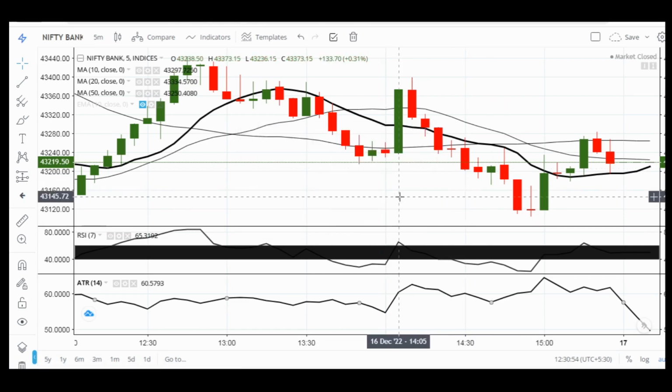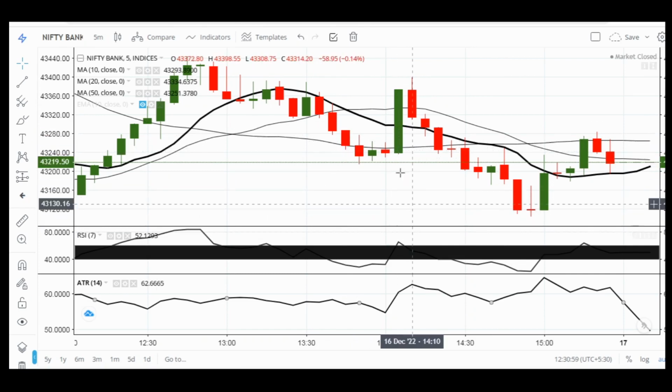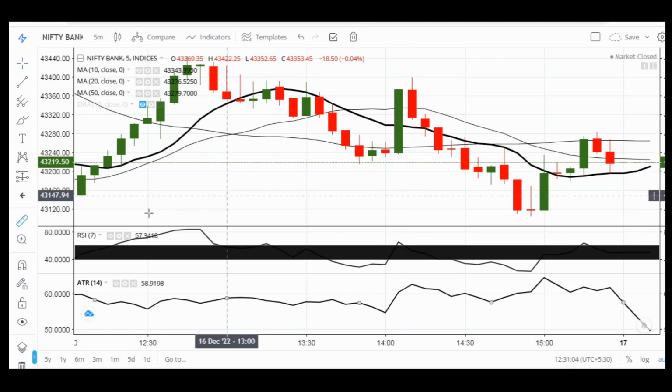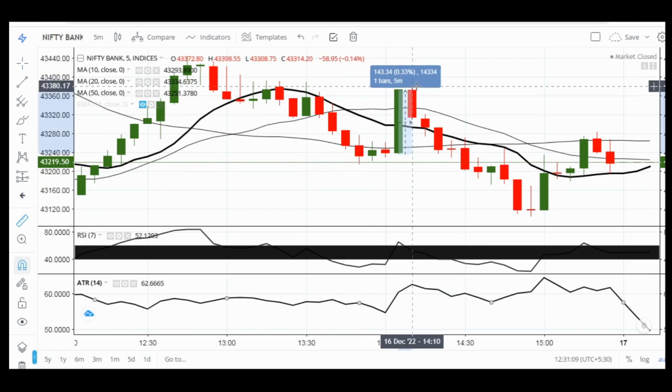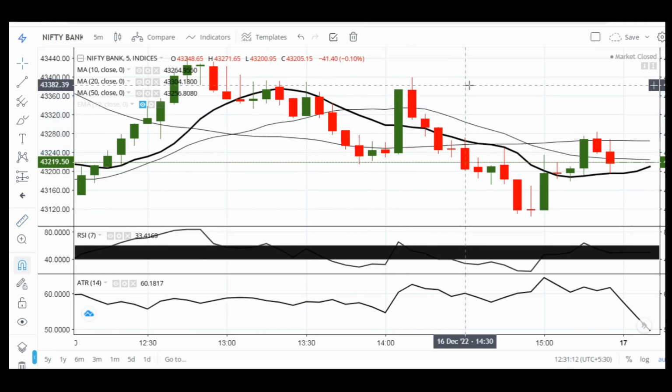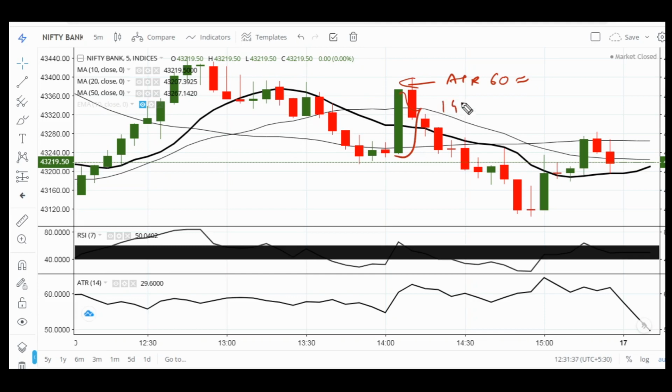So as you can see, the ATR at this time was 60 and 62, so around 60, and let's measure the length of this candle, which is 143. So at this time ATR was around 60, and the length of this candle was 143 points, so more than ATR into 2.